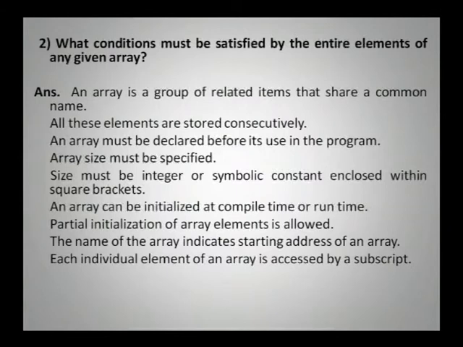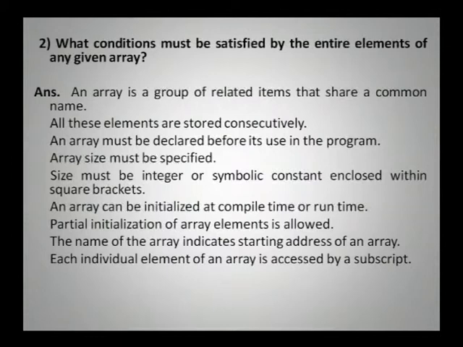Next, what are the conditions that must be satisfied by the elements of an array? An array is a group of related items that share a common name. As we have told, suppose I take list as an array name. By making use of the subscripts, that is 0, 1, 2, 3, etc., we are going to differentiate the array elements, but all these elements belong to the same array.